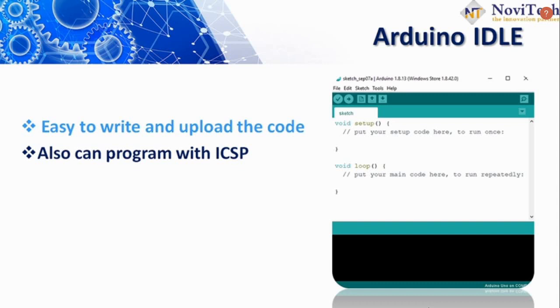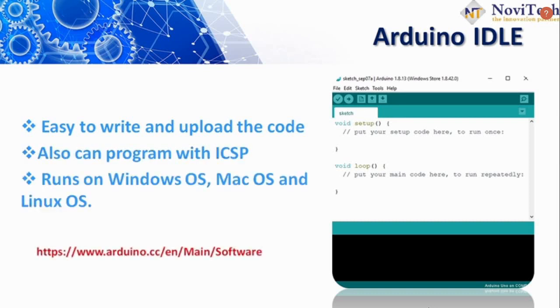It is useful and comfortably used software to create programs. Runs on Windows OS, Mac OS and Linux OS. The link given below is the link to create a program in Arduino IDE, and the same link will be put in the description.